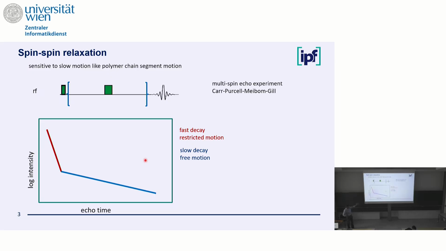There's one fast decay in the signal, that is a short relaxation time, indicative of restricted motion, as we have it, for instance, around entanglements. And then we have a longer decay, long T2, and that is the more free chains.